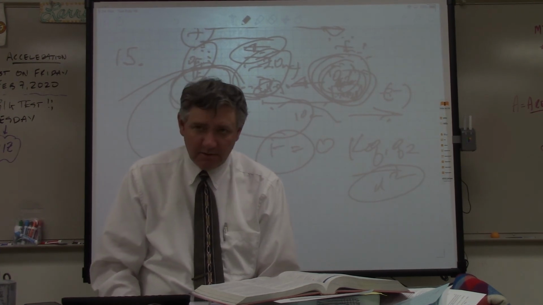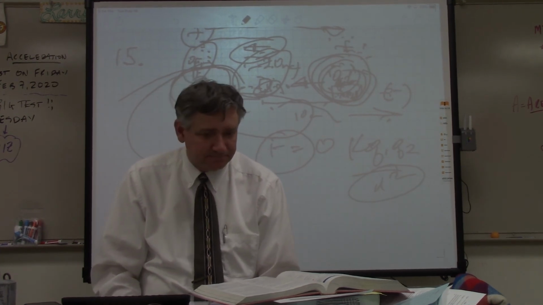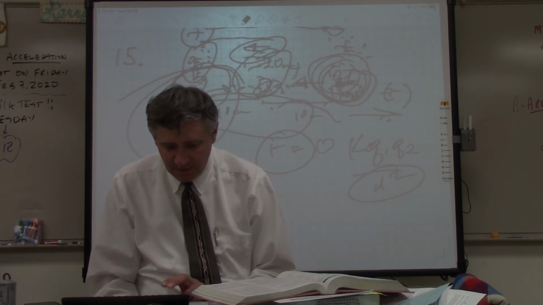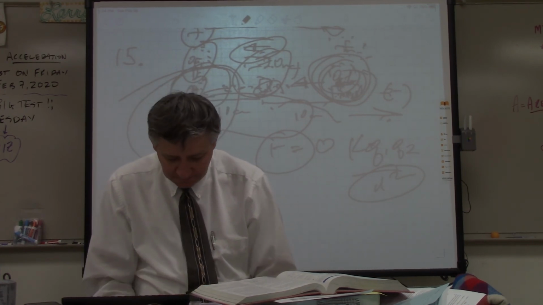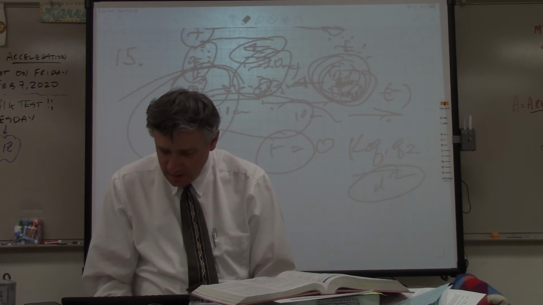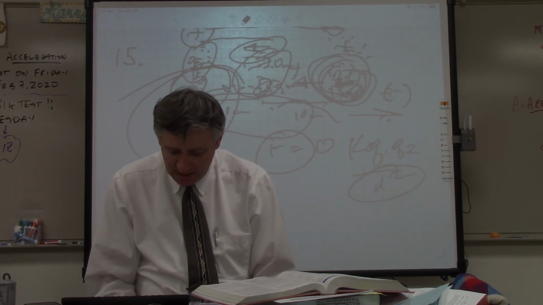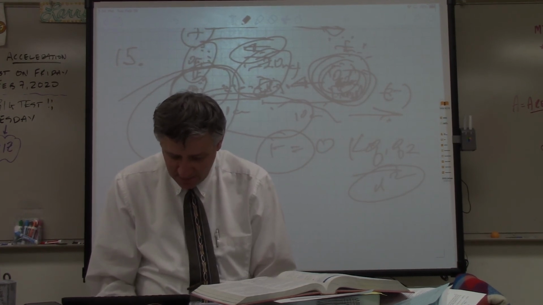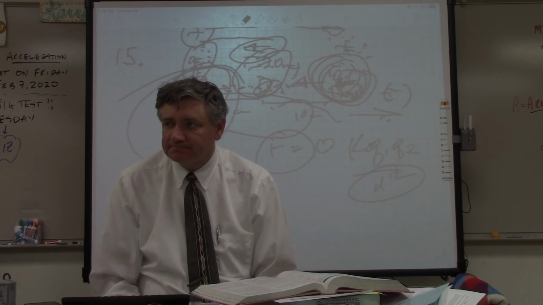Just don't say, oh, here's the force. So make sure that you've done both of those. And on number 10 out of the book, that force should be something times 10 to the negative fourth. And your acceleration should be between 5 and 10 meters per second squared.